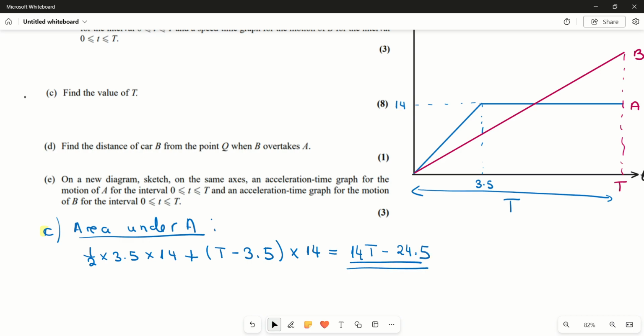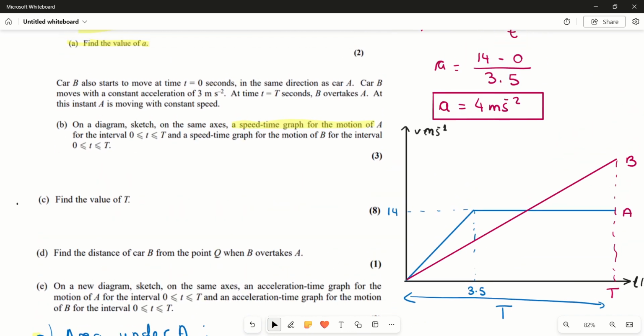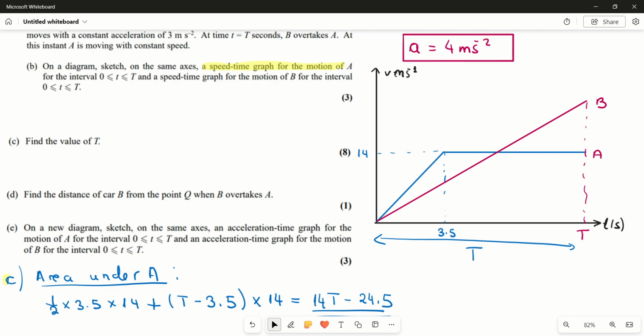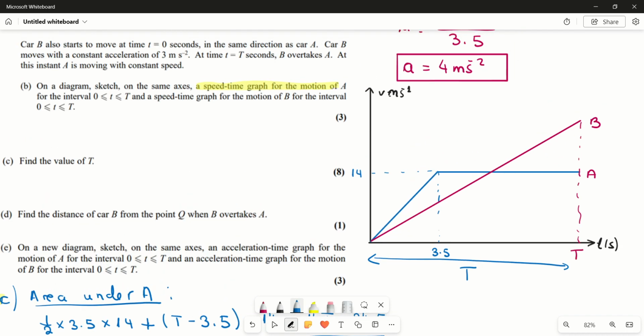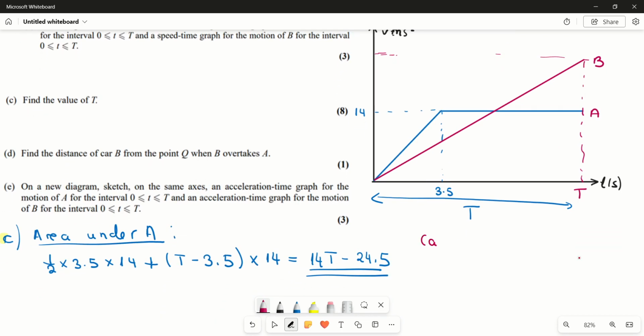Okay, we have the area under A, but we also know car B moves with constant acceleration of 3 meters per second squared. So we would like to find what the velocity of car B is going to be when it reaches this point. For car B, acceleration is the change in velocity over the time taken.